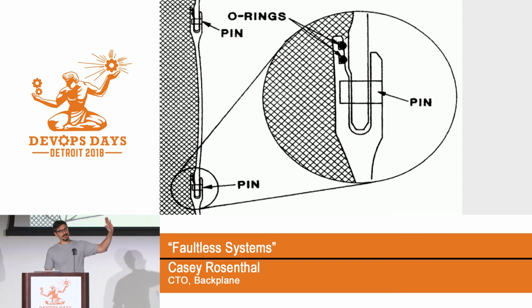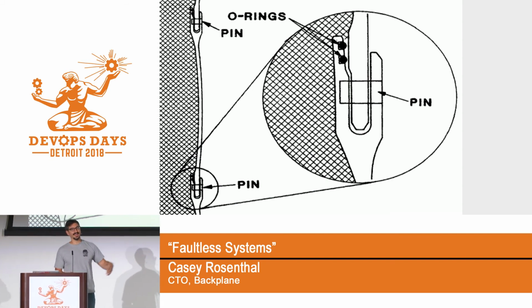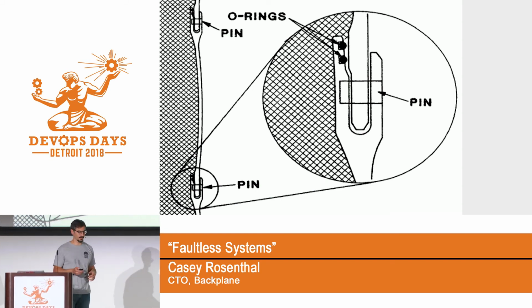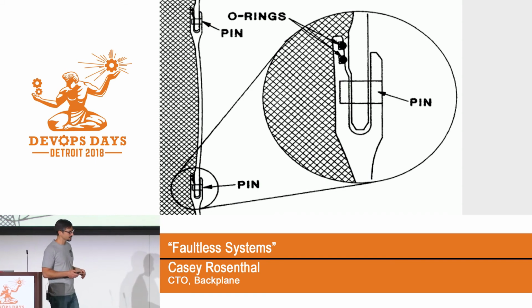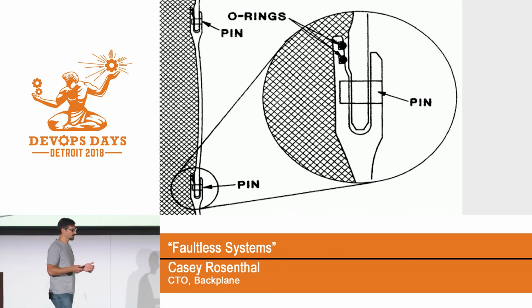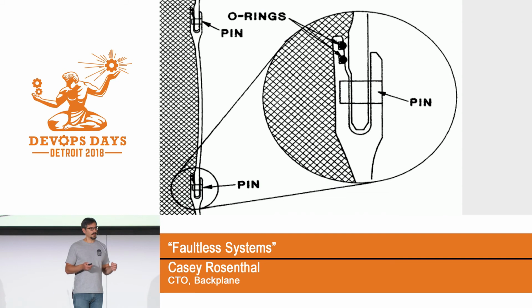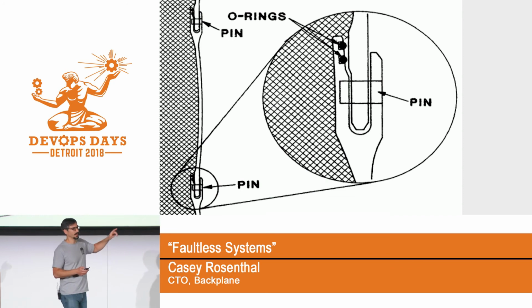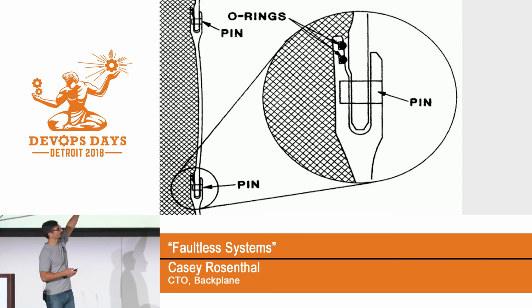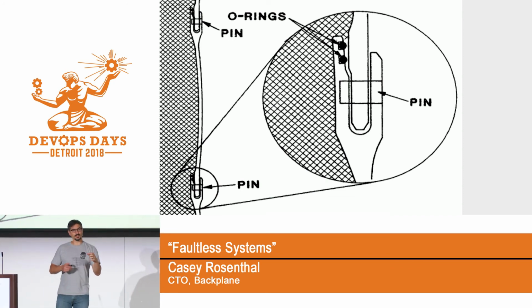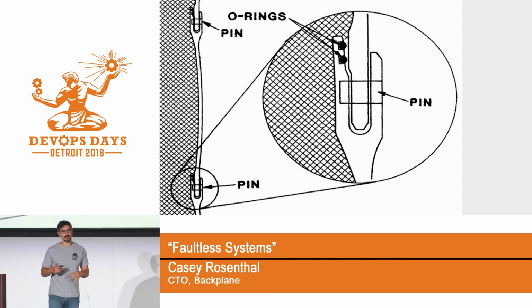And so they changed the way that the putty was applied, and that would sometimes reduce the amount of damage. And then over the years, they did other things. They had one mission where there was a lot of damage to the primary O-ring. So after that, they put an air pressure nozzle between the two O-rings and put a lot of air pressure in there to make sure that those were sealed really well.